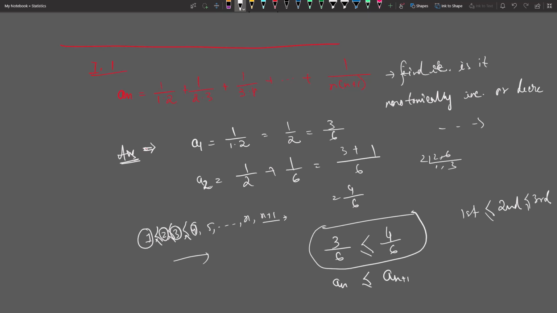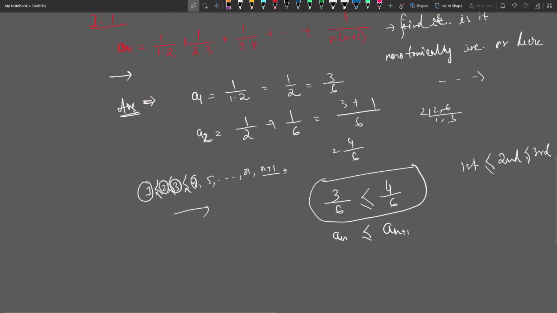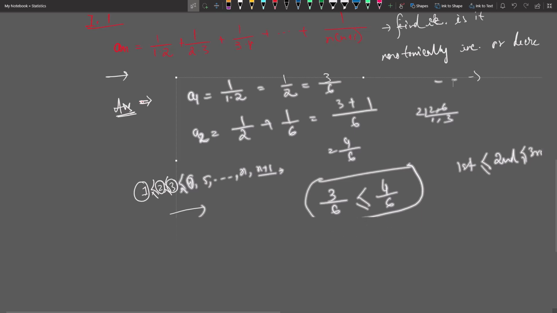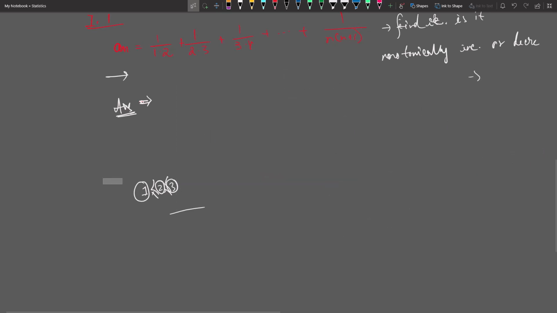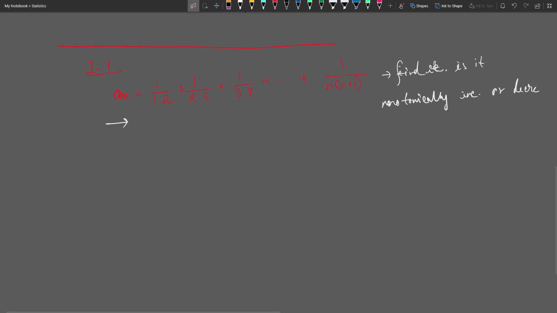So this is also an increasing sequence, but this is not the correct way to understand whether this sequence is monotonically increasing, or whether this is a monotonic sequence, etc. So let me manipulate it in the proper mathematical way. Let's begin with the proper way.